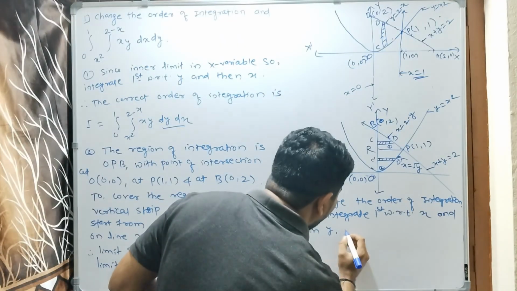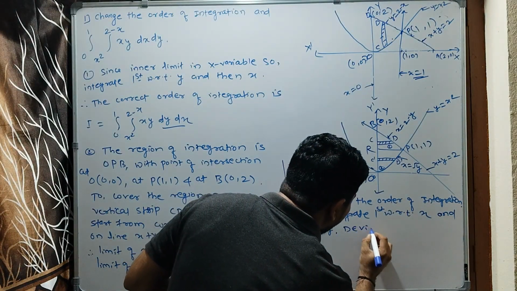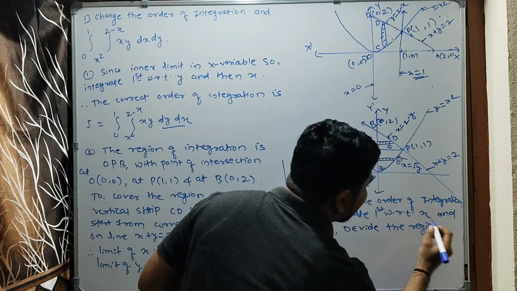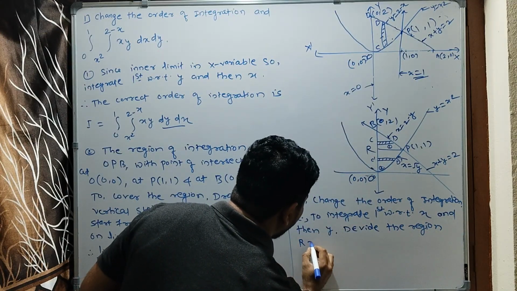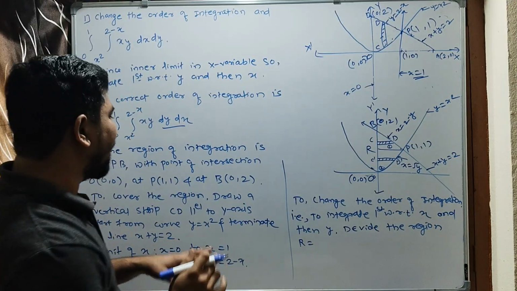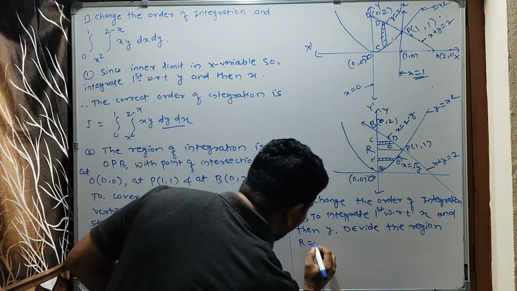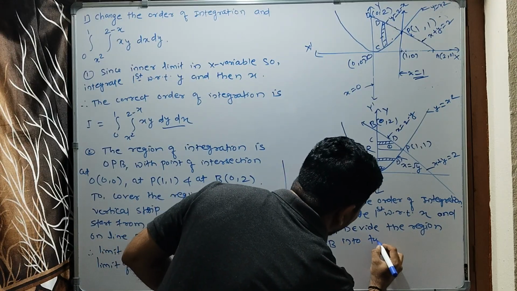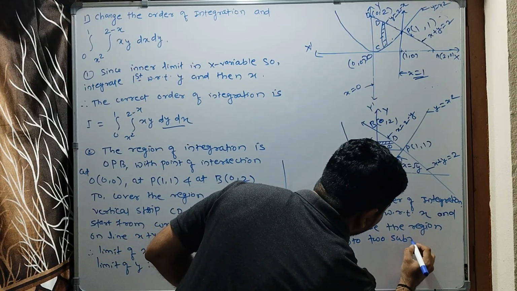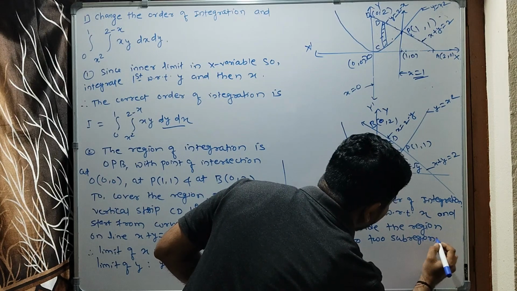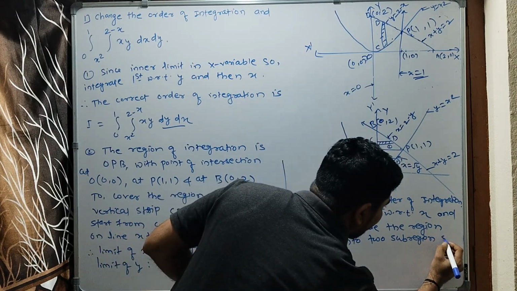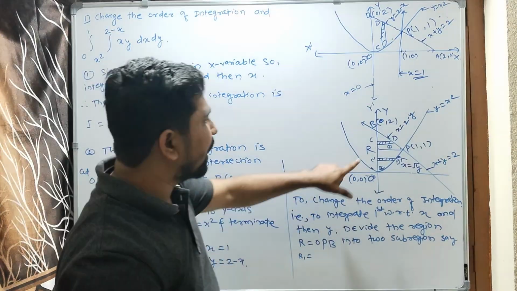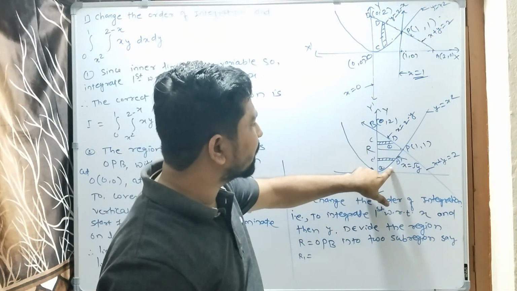Divide the region R, equal to OPB, into two sub-regions, R1 and R2.